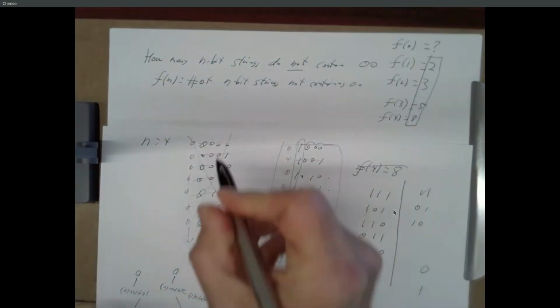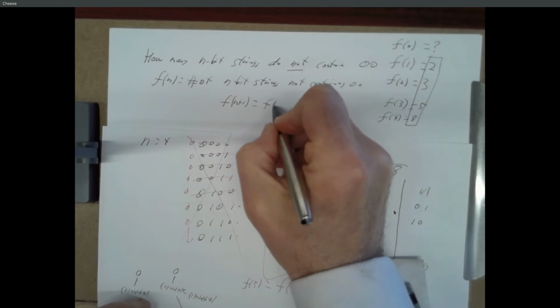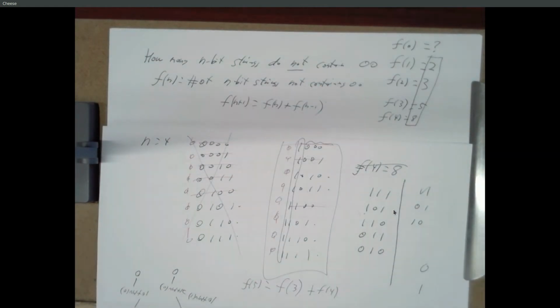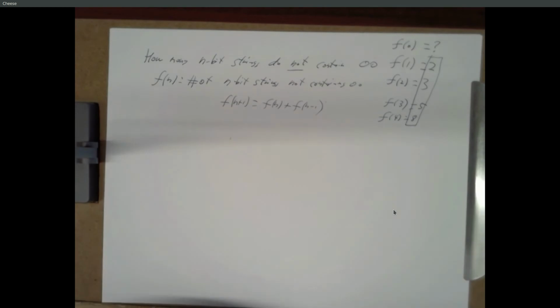So we get this general relationship, f of n plus 1 equals f of n plus f of n minus 1, and that's the Fibonacci relation. So that's a famous recurrence relation.